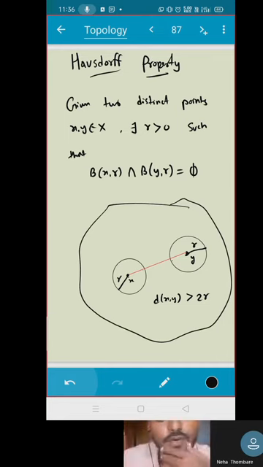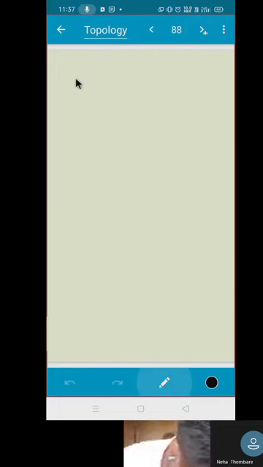Shall we start the proof? So how are you going to start? You are given two distinct points and you are supposed to prove this. So the best way to prove is by the method of contradiction, correct?